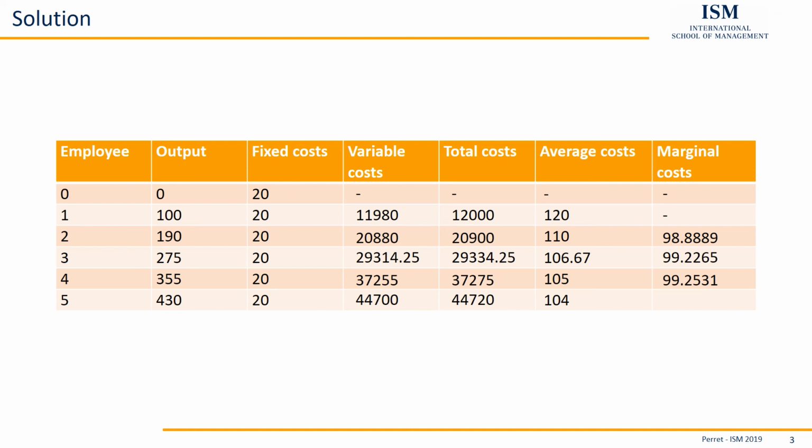This difference divided by 430 minus 355, giving us here marginal cost of 99.2667. And well, this fills in the table as far as possible and thereby already concludes the short exercise.